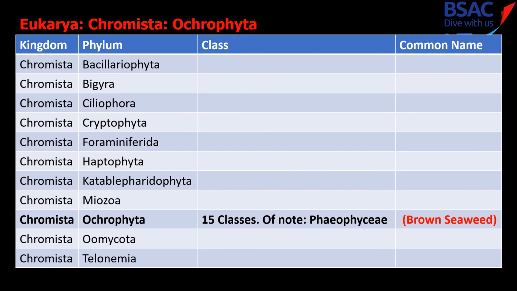The main difference in morphology between the red, brown and green algae is that green algae contain chlorophyll A, chlorophyll B, and xanthophylls. Red algae contains chlorophyll A, chlorophyll D, and phycoerythrin, while brown algae contains chlorophyll A, chlorophyll C, and fucoxanthin.